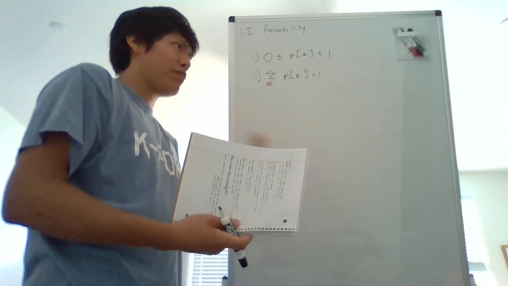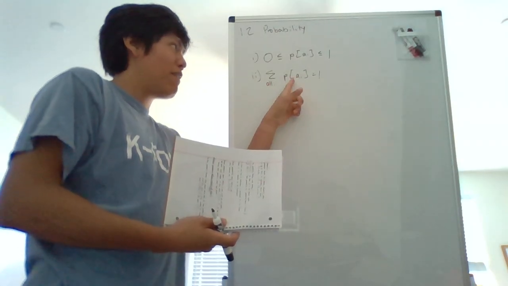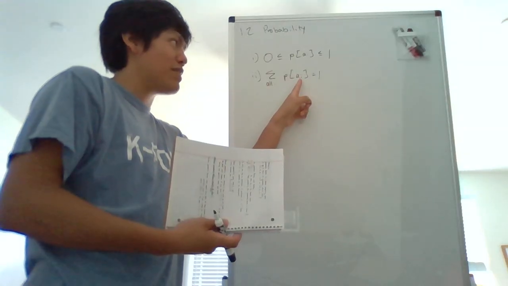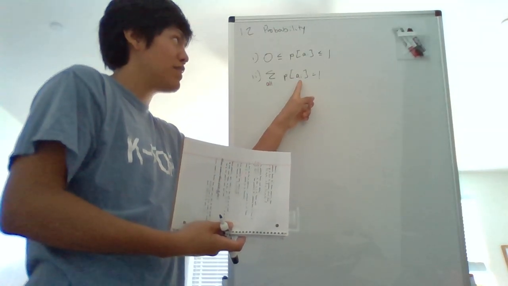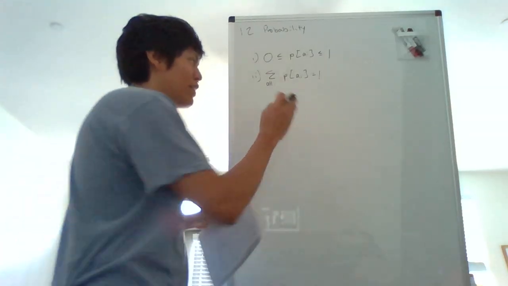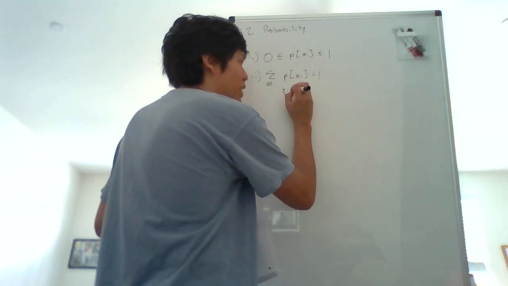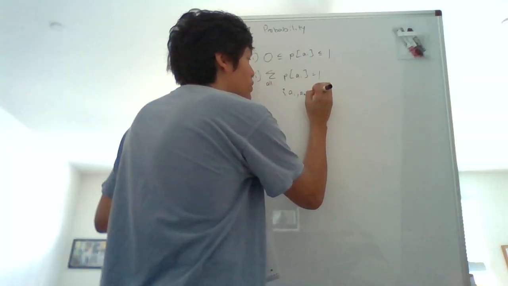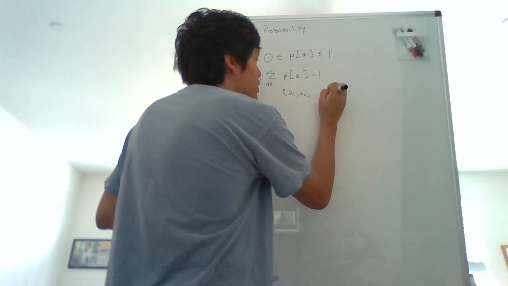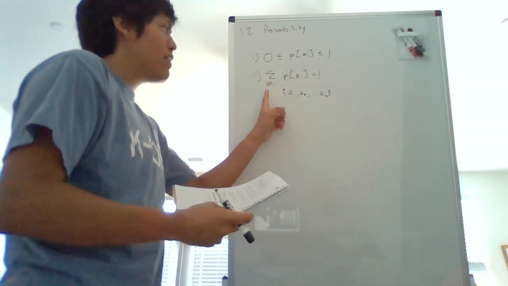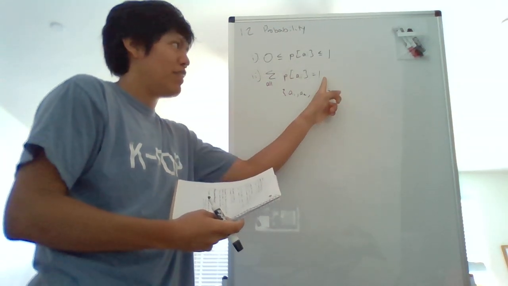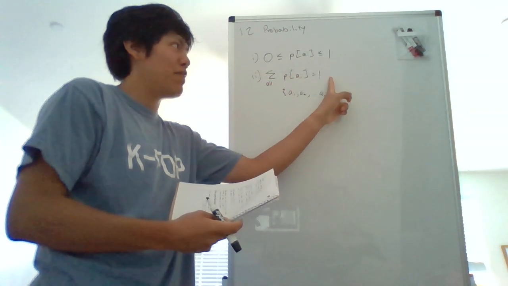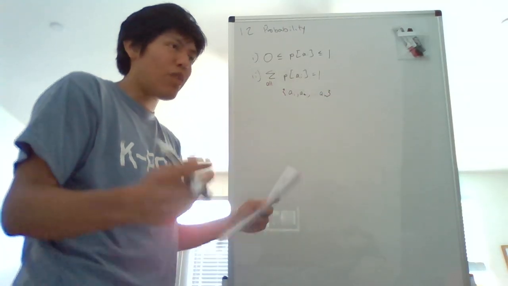And that's for all i's, where A sub i is just the events happening. So for all i's, like we were saying with the finite sets, A1, A2, up to A sub n, whenever you add all of the probabilities up, they have to equal 1 or 100.